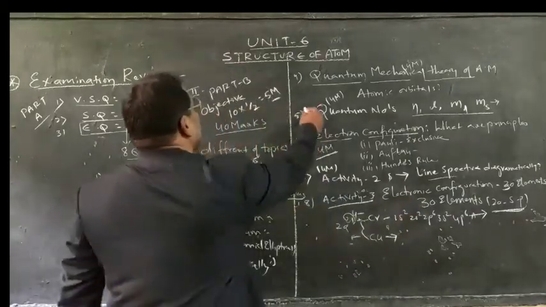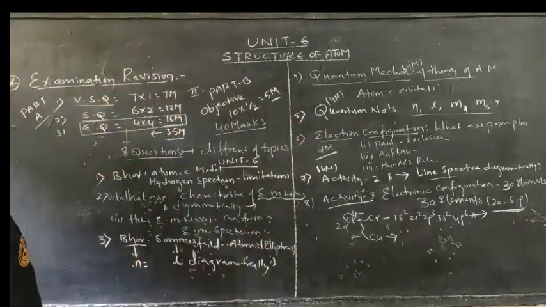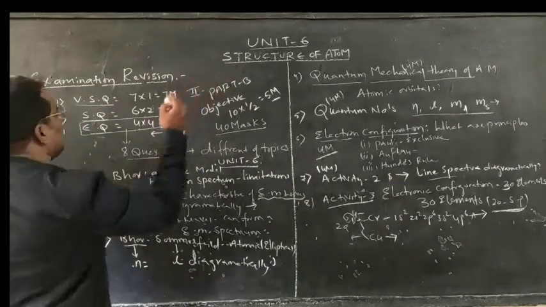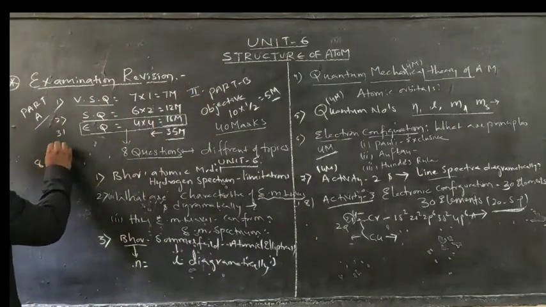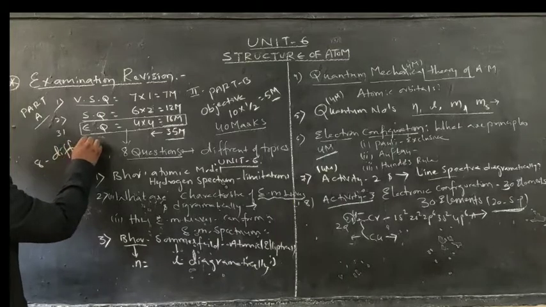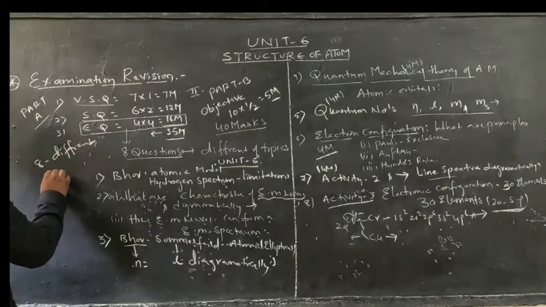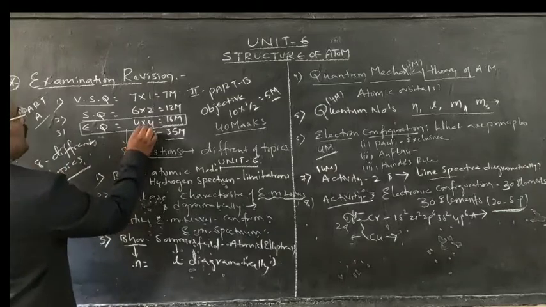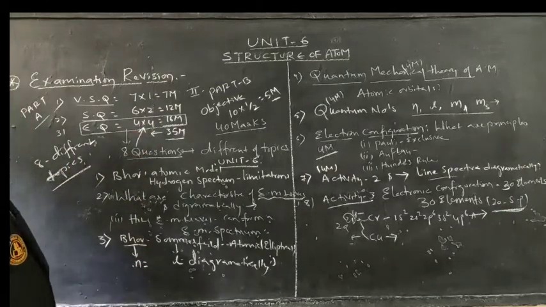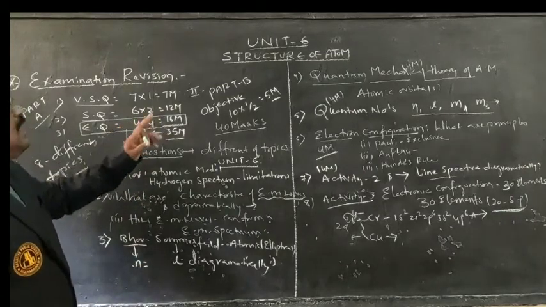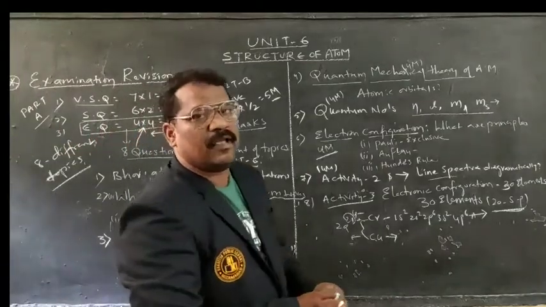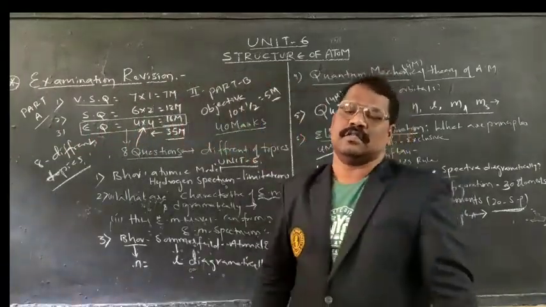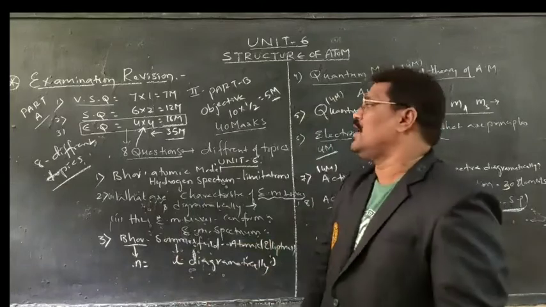So I have taken 8 different topics from the textbook, from this particular chapter. These 8 different topics will be added in 4 marks questions. That means for each and every question there will be an internal choice.